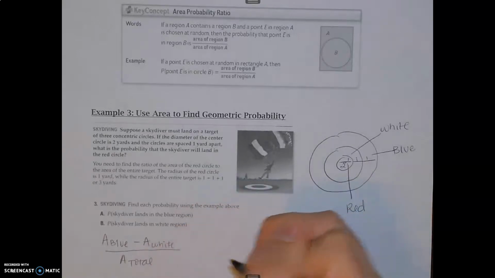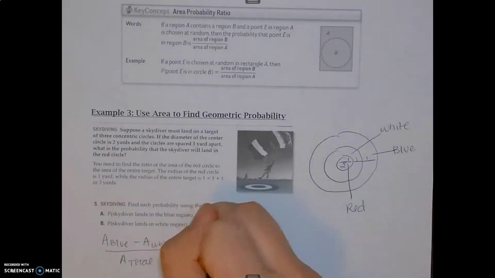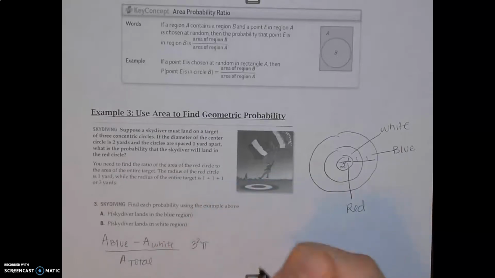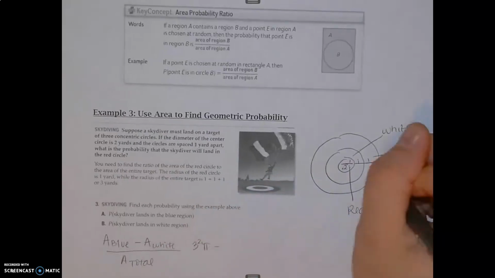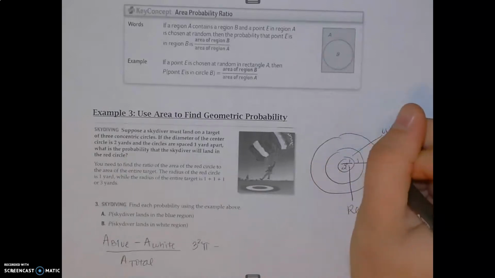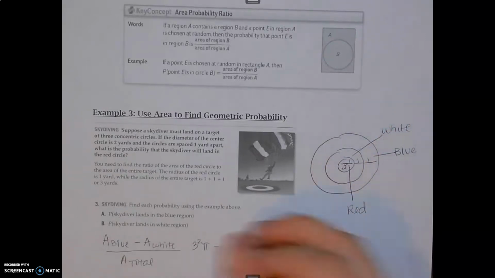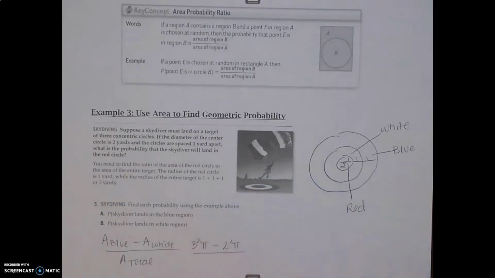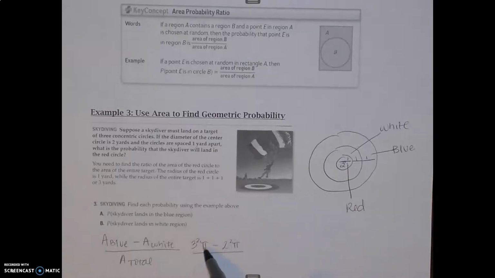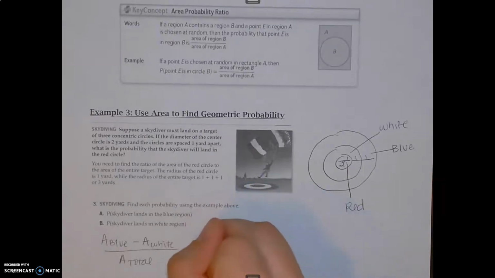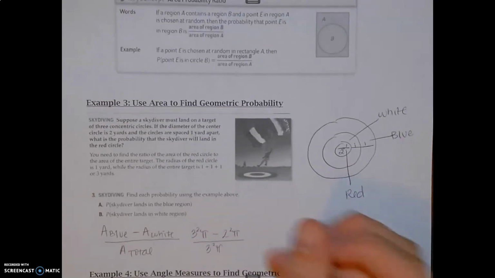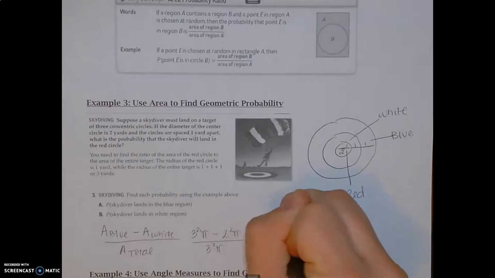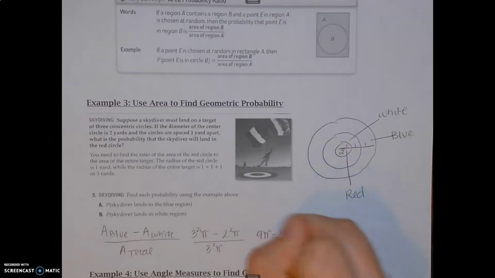So area of a circle is pi r squared, so that would be 3 squared pi. And then I would take out the area of the white circle. So this white circle right here has a radius of 2, so it would be taking away 2 squared pi all over the total, which we know right here, again, is that blue, so 3 squared pi. 3 squared pi becomes 9 pi, taking away 4 pi, all over 9 pi again.